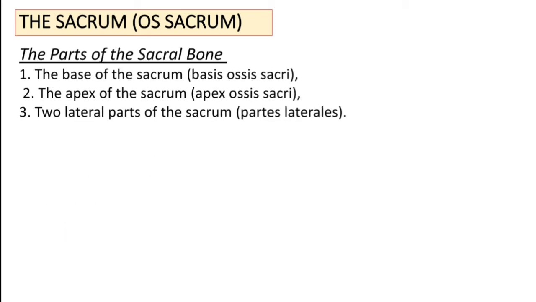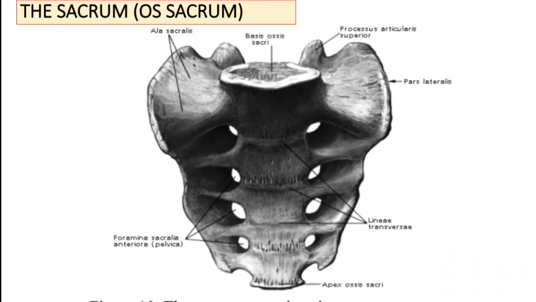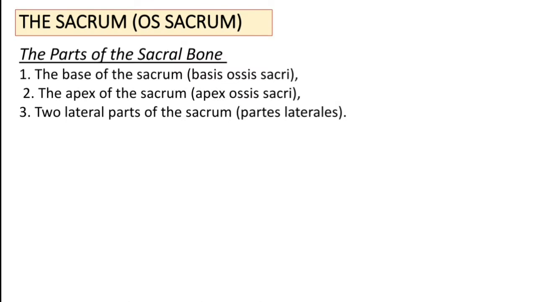The parts of the sacral bone include the base of the sacrum, basis ossis sacri, then the apex of the sacrum, apex ossis sacri, and the two lateral parts of the sacrum, partes laterales.